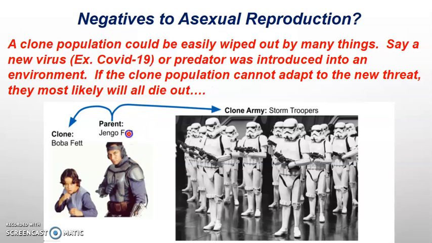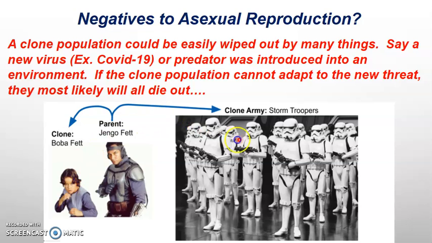But if you were to take, for example, from Star Wars, Jango Fett, who is Boba Fett's father, and Boba Fett is a clone of his father, and if you watch The Mandalorian, Boba Fett's the green guy who just popped up at the end of the second season.